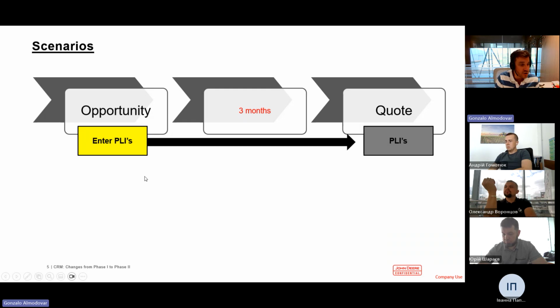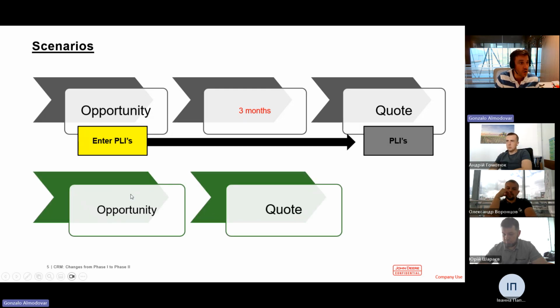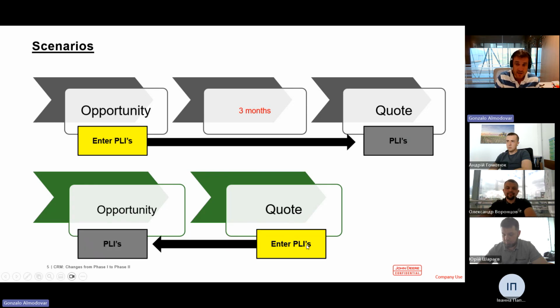In some other occasions, the opportunity comes right together with the quote. Then it's not needed to add the PLIs or the elements at the opportunity. You can go directly to the quote and enter there, because this is sending the information automatically to the previous step, fulfilling the opportunities. Do you see the difference?